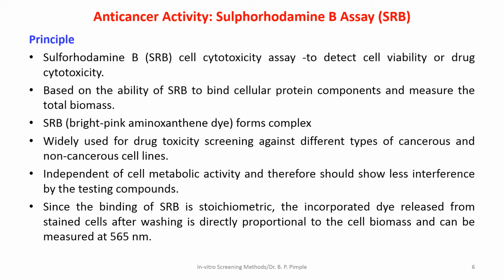The dye can be separated after killing the cells by addition of DMSO, dimethyl sulfoxide. Once the dye is taken out, the leached dye is separated, and its intensity or optical density is determined at 560 or 565 nanometers.